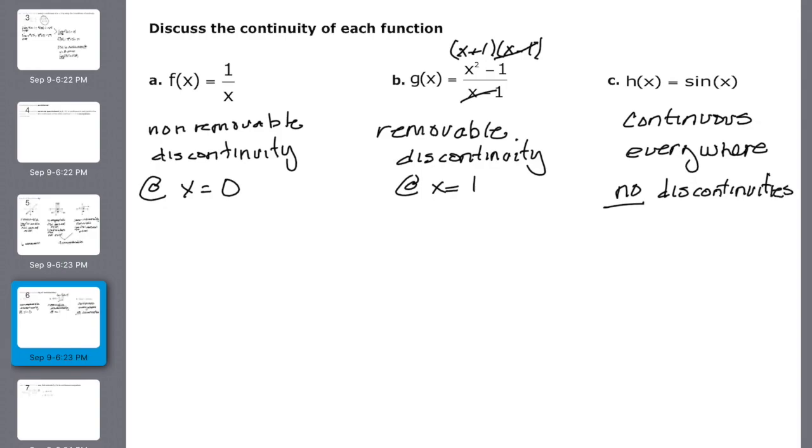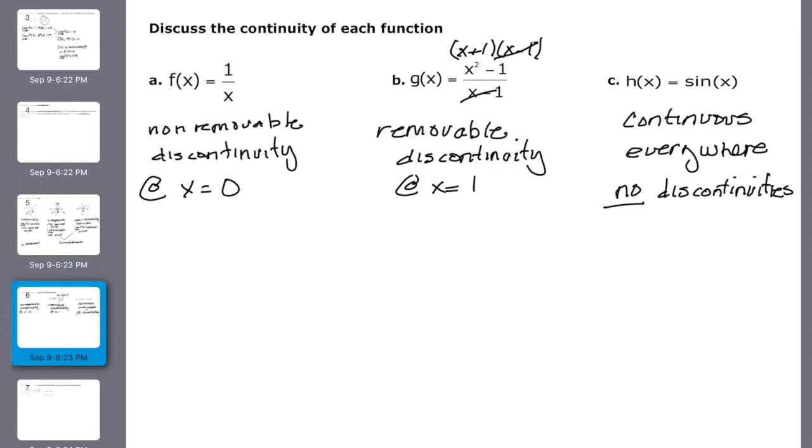If I wanted to, I could draw the entire sine function forever in both directions without the idea of lifting up my pencil to complete the graph. So sine of x is continuous everywhere. A lot of times our discontinuities are going to show up in our rational functions like a and b, or piecewise functions like on our previous examples.